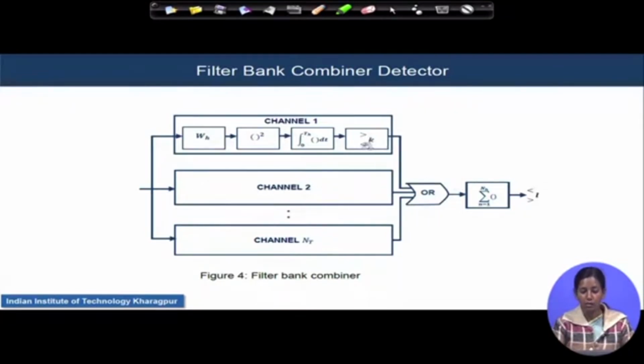This will detect whether a signal is present in that channel or not, so the output is a logical detection. At the output you will get a 0 or 1, meaning the signal is present or absent, and all those detection outputs will be ORed here, and over all the number of hops, the outputs of this OR gate will be added up.